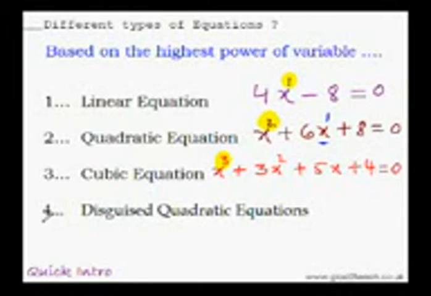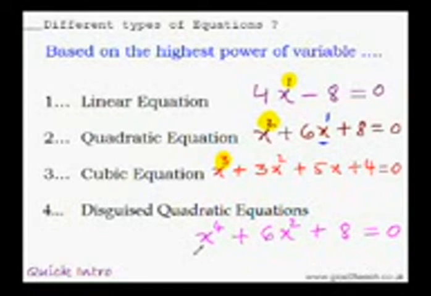So now let's look at the fourth type of equation, that is disguised quadratic equations. Let me give you an example. You'll be really surprised to know that even this equation is a quadratic equation, but it is disguised or hidden.